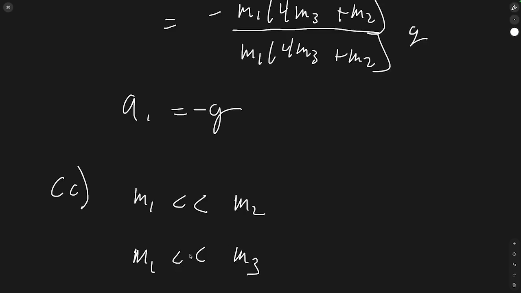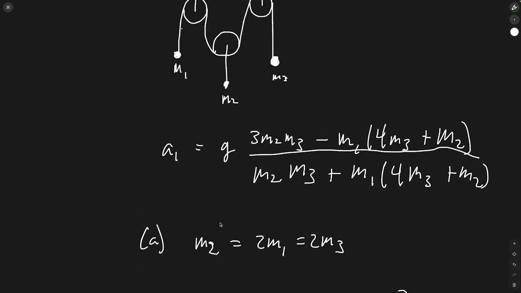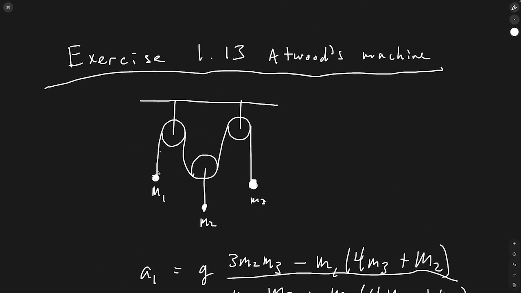And now I'll provide a walkthrough. So let's see, what do we predict here? If M1 is much smaller than M2 and M3, going back to our drawing, this is just going to ride up by M2 and M3.